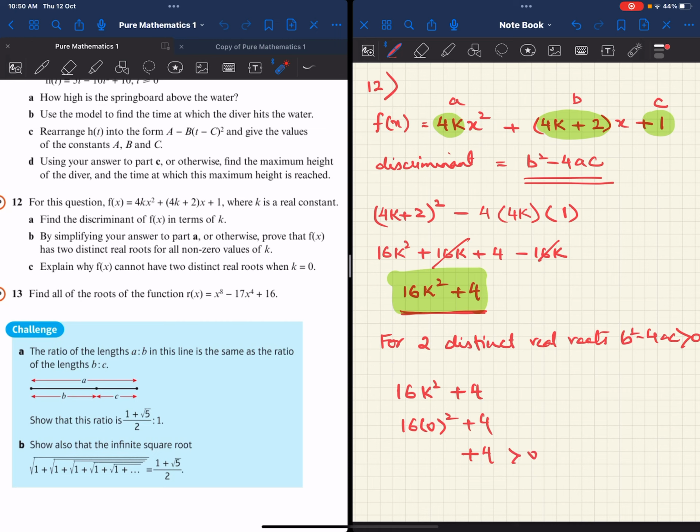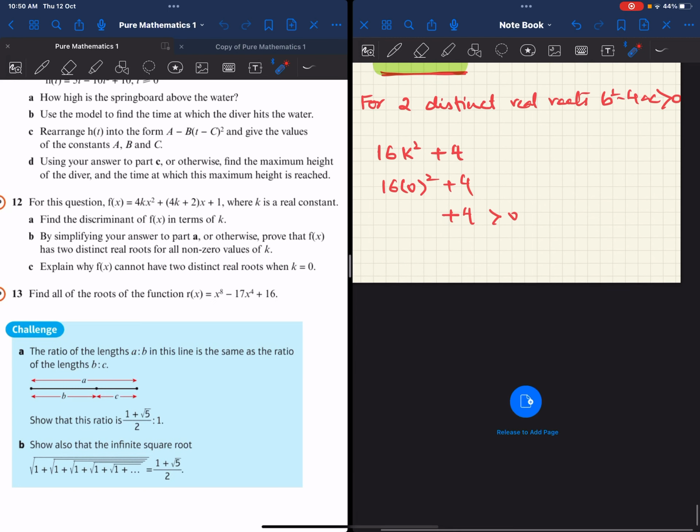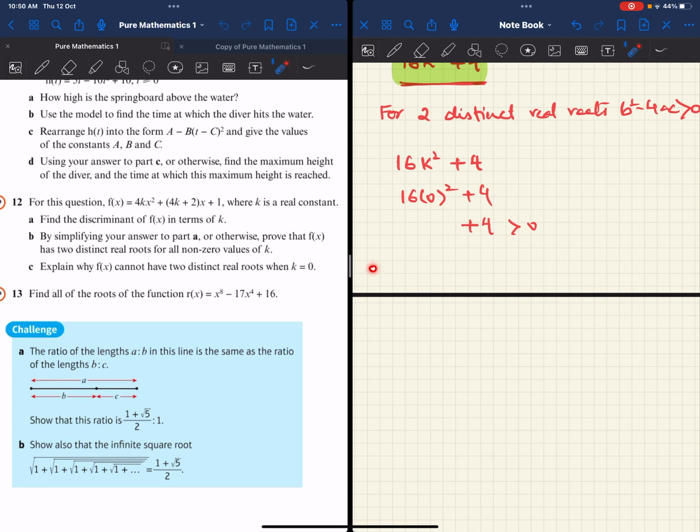So the value of b squared minus 4ac is greater than 0 in all conditions. Therefore, we have two distinct real roots. That answers part B.